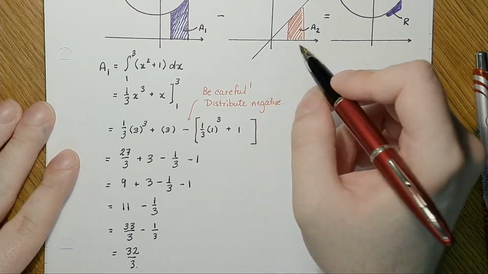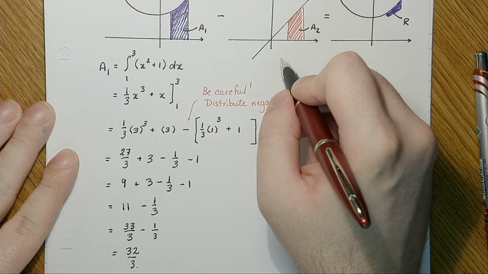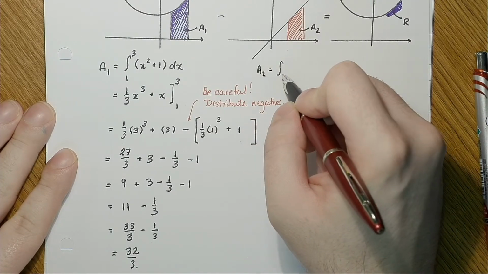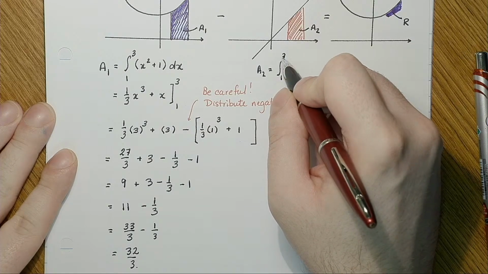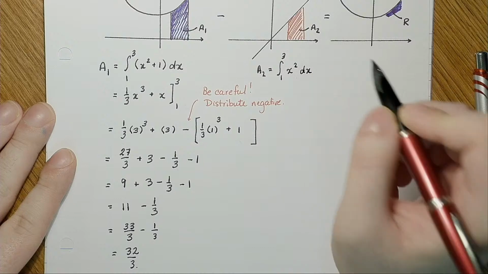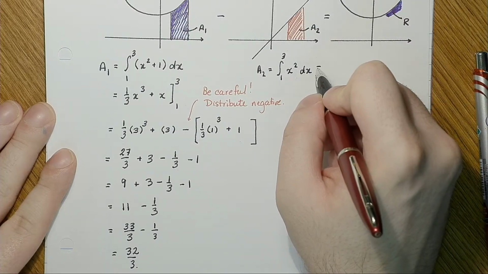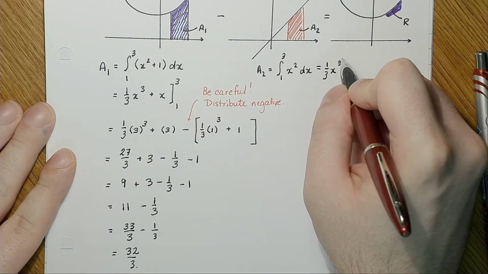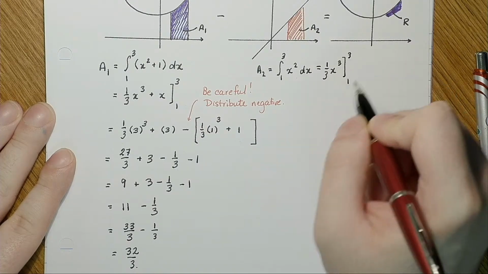Over on this side, this one's a little nicer. I have my area 2, and we're going to integrate from 1 to 3 of x squared dx. So that becomes 1/3 x cubed from 1 to 3.